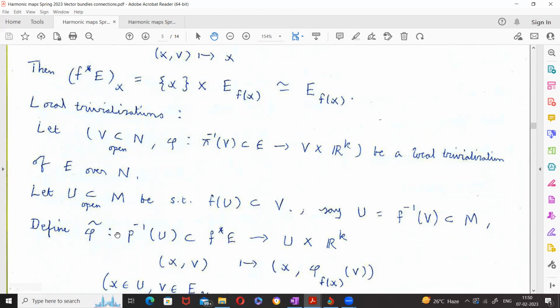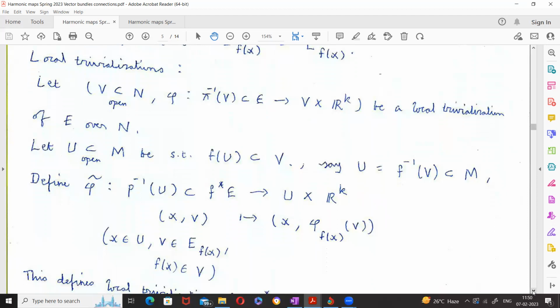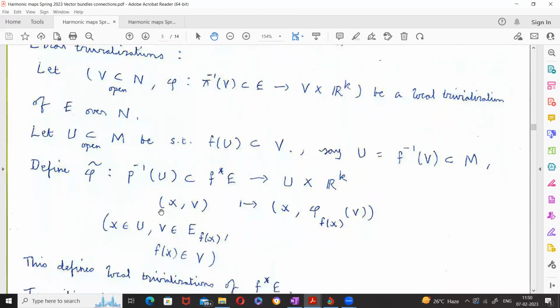So then we define a local trivialization phi tilde of the pullback bundle. So this is going to go from P inverse U inside F star E to U cross RK. So I take a pair X comma V. So recall that here, by definition of the pullback bundle, X is a point in U and V is a point in E sub Fx. So here Fx belongs to the open set V in N, right?